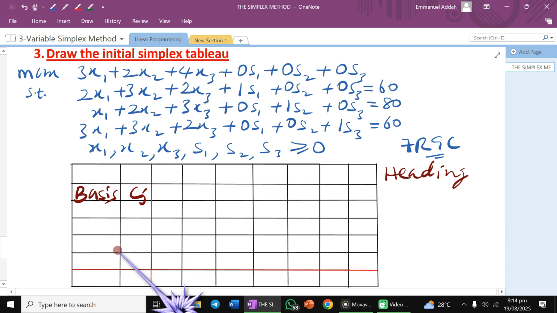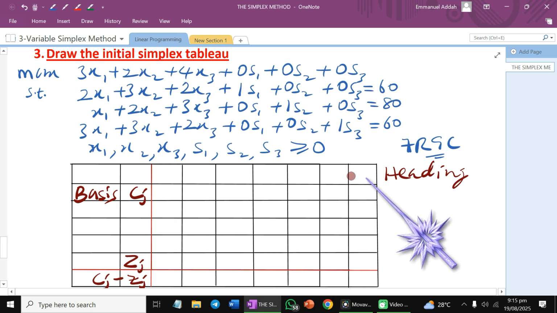Then after that, the number of your slack variables, 1, 2, 3. Then directly under this, you have the ZJ row. The last row will be the CJ minus ZJ row. So you fill it there.